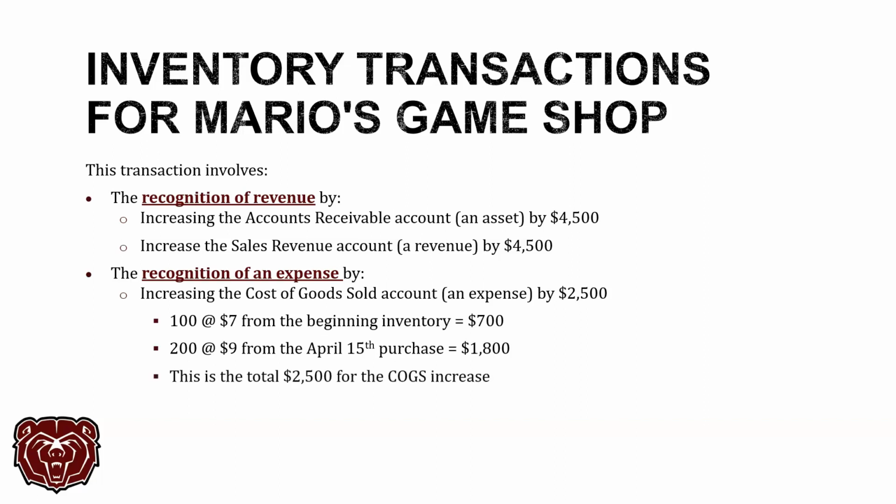Totals $2,500 for our cost of goods sold. That is what we refer to as the FIFO method. We're starting at the top, that beginning inventory, and just peeling off layers till we get to the 300 that we sold. We will talk about FIFO more in another chapter. Okay, and then we're decreasing the inventory account by $2,500 because now we have $2,500 less inventory sitting on the shelf.